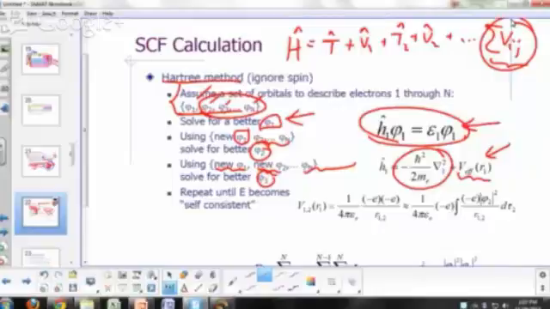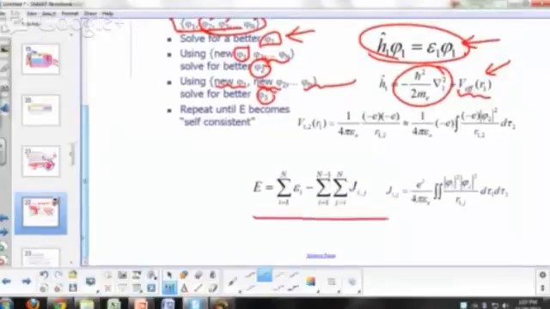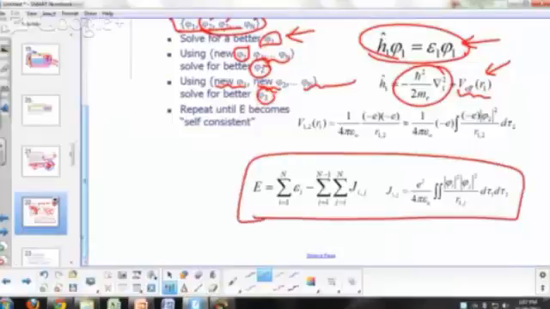As you keep repeating this, you'll be able to calculate the energies. This is the formula for the energy. This E sub i here, those are the orbital energies that you can calculate, and you have to introduce this integral right here to get the total energy for your atom.